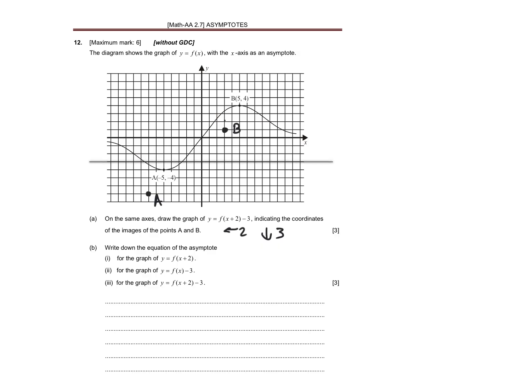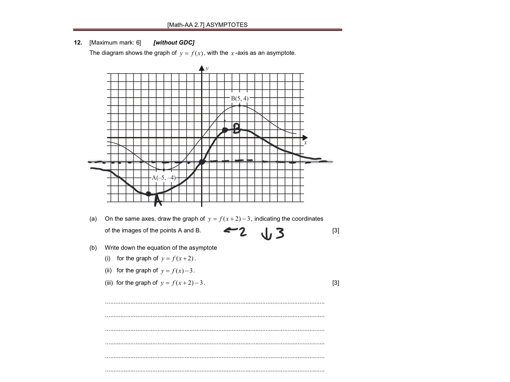I'll do a dotted line. So then we have something like, and then it intercepts there. So we have something like this. Okay?